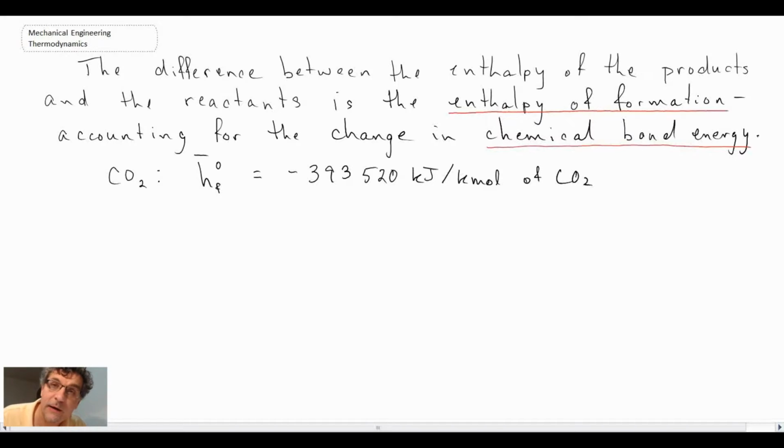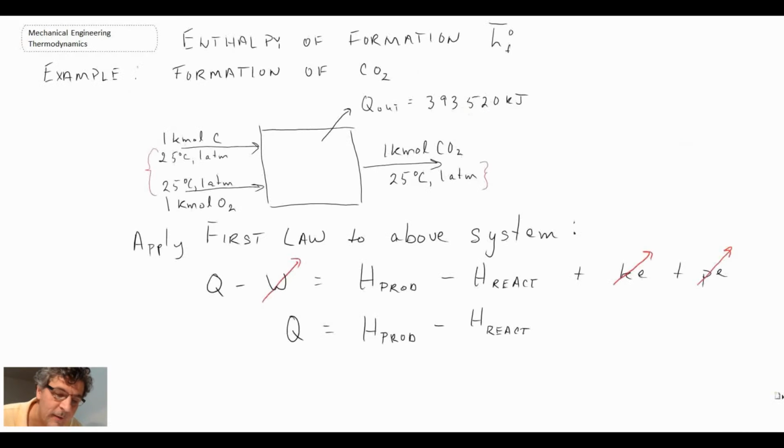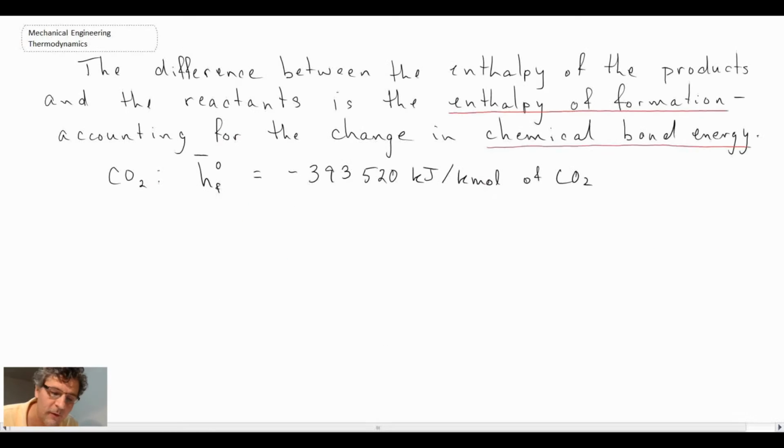Now if we look at the reactants, remember what we had coming in: we have carbon and we have diatomic oxygen. So let's look up the values for those two.